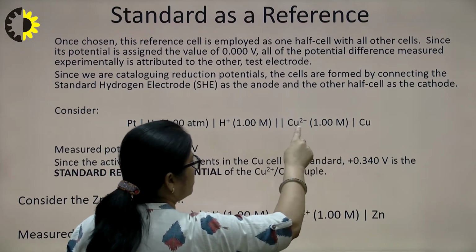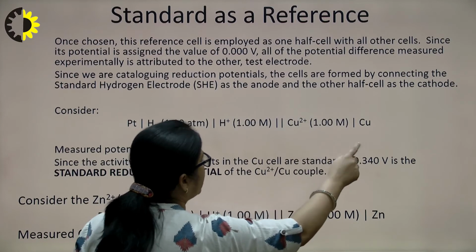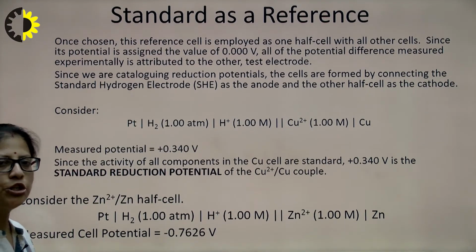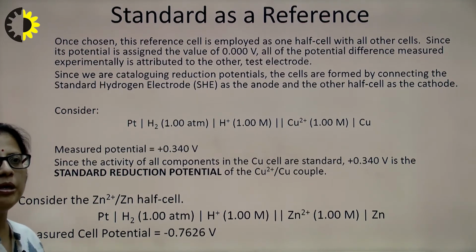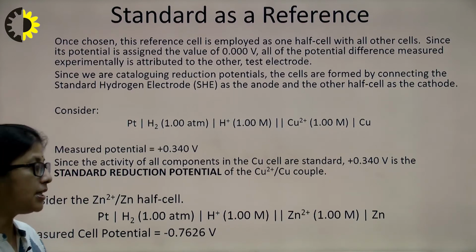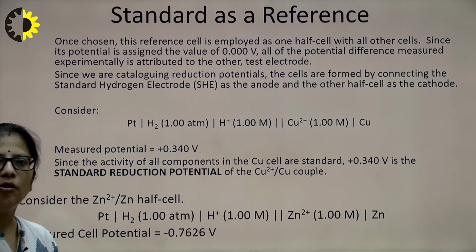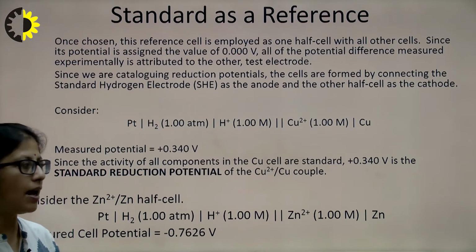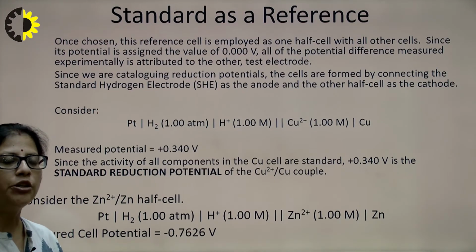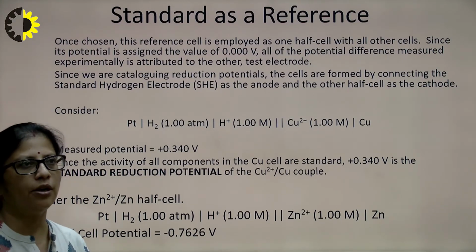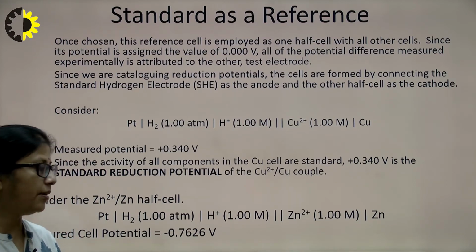So, here reduction of copper is taking place and the measured potential in this case comes out to be plus 0.340 volts. Now, since the activity of all the components in the copper cell is standard, 0.340 volt is the standard reduction potential of the copper half cell.